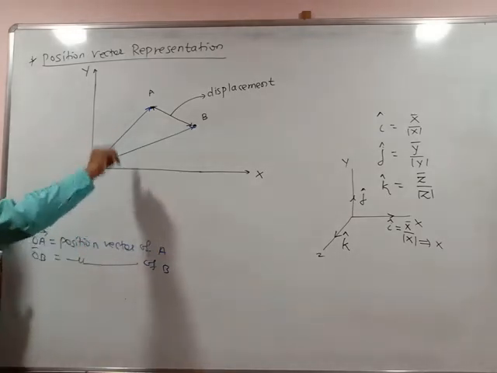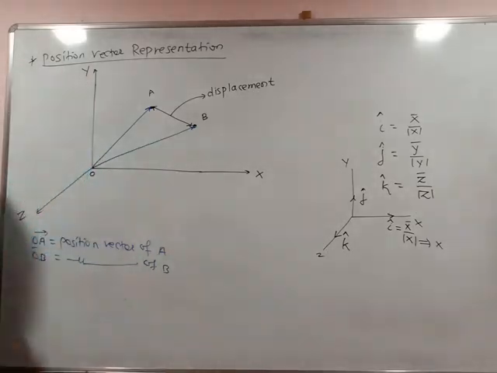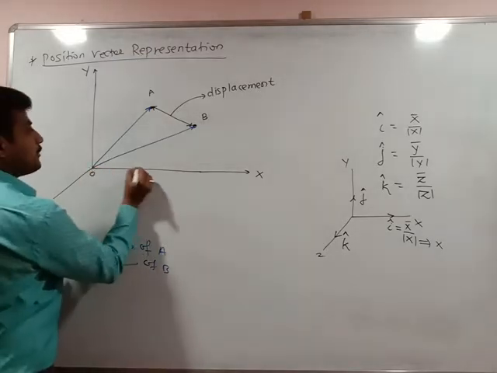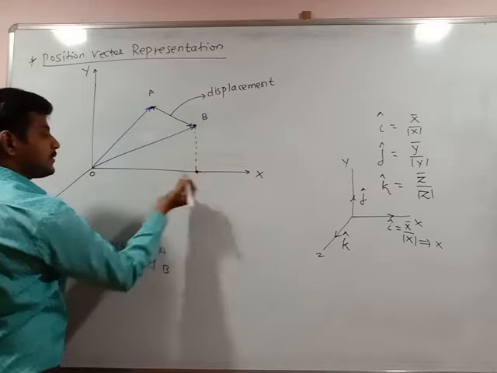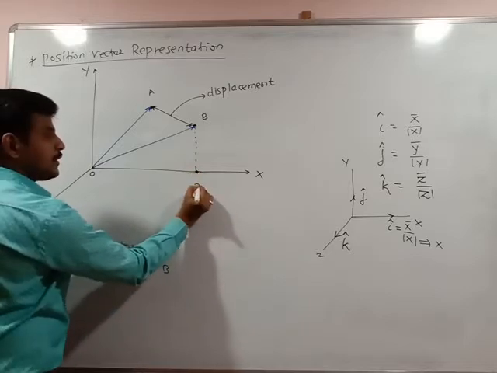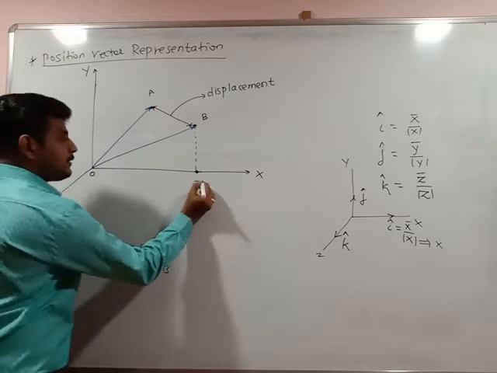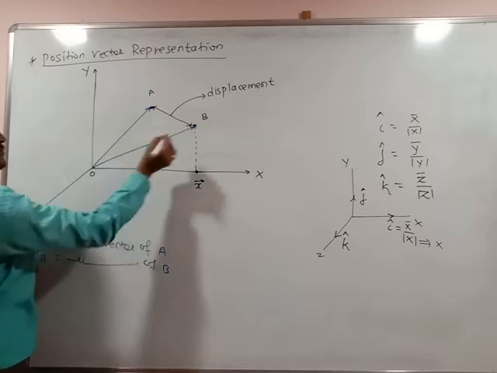But in terms of X and Y axis, we have to reach point B or point A. First, I have to go X distance. Suppose this is point B, which is at a distance X. This is the vector along the X axis, X bar. Here is the vector along the Y axis, Y bar.